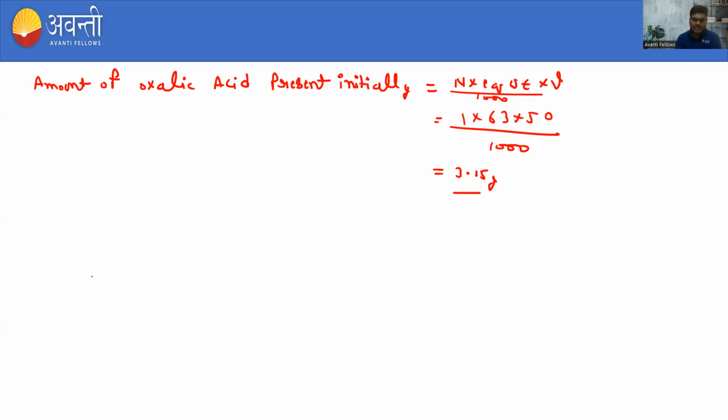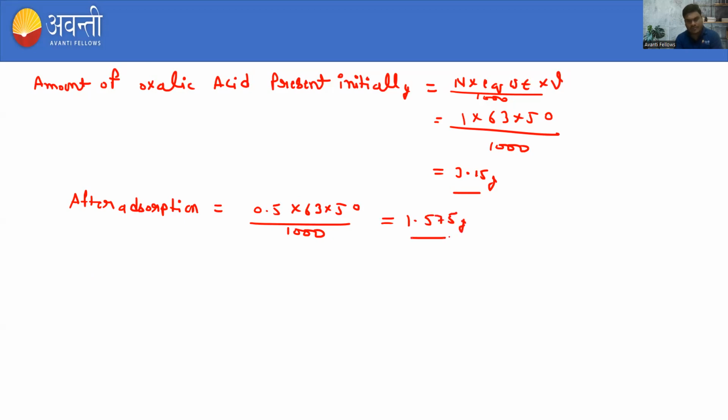So the amount of oxalic acid after adsorption. So after adsorption, how much amount is left? That is 0.5 into 63 into 50 divided by 1000, right? So it comes out to be 1.575 gram.